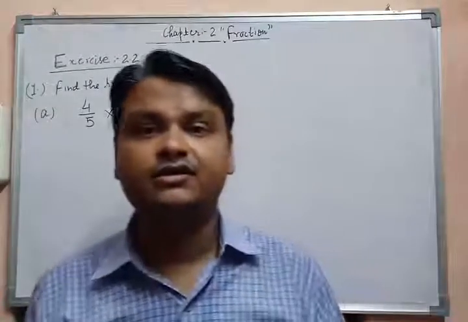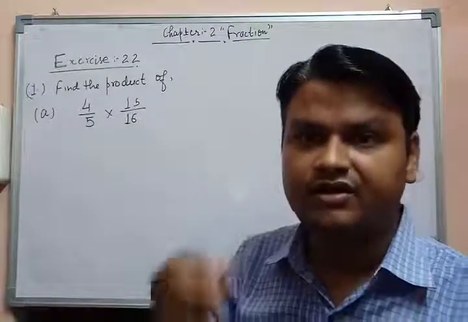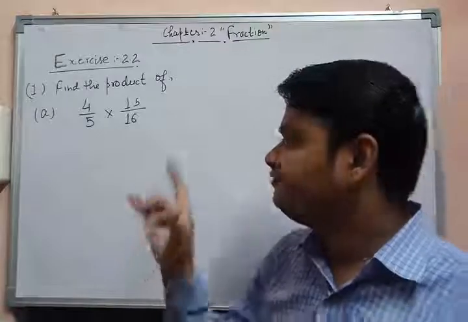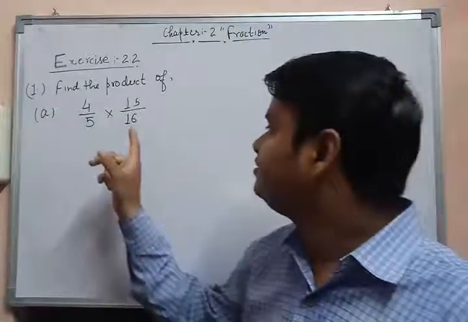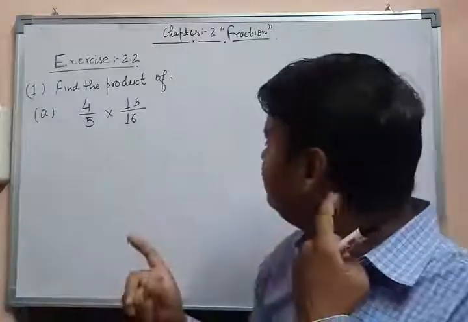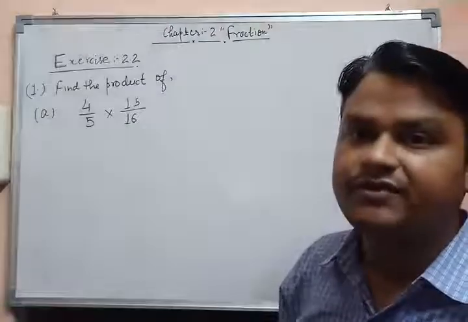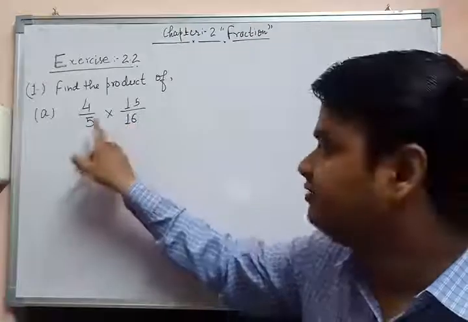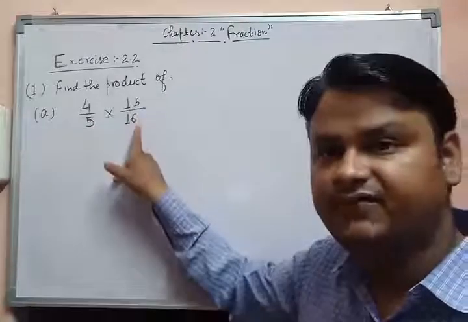So students, what is the process you have to apply? Please carefully watch the process. First of all, this is the concept of multiplication of a fraction by a fraction, because this is a fraction and this is a fraction.